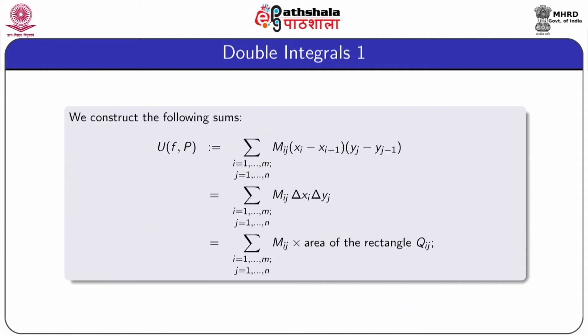We construct the following sums. First, U(f,P), here U stands for upper, equal to summation Mij multiplied by the length of the ith subinterval along x and jth subinterval along y. So, it is summation Mij delta xi delta yj, that is summation of Mij multiplied by the area of the rectangle Qij.